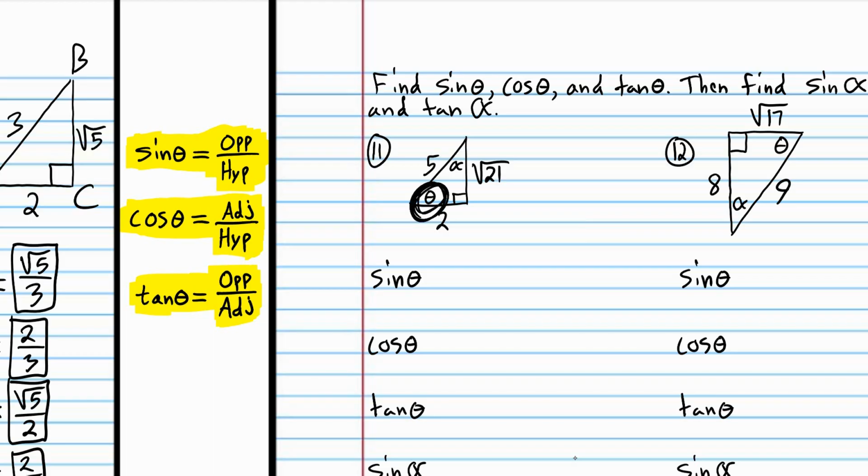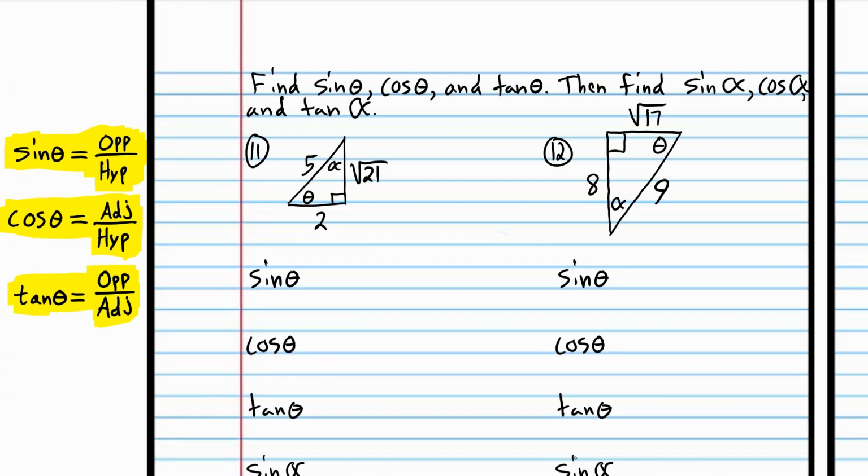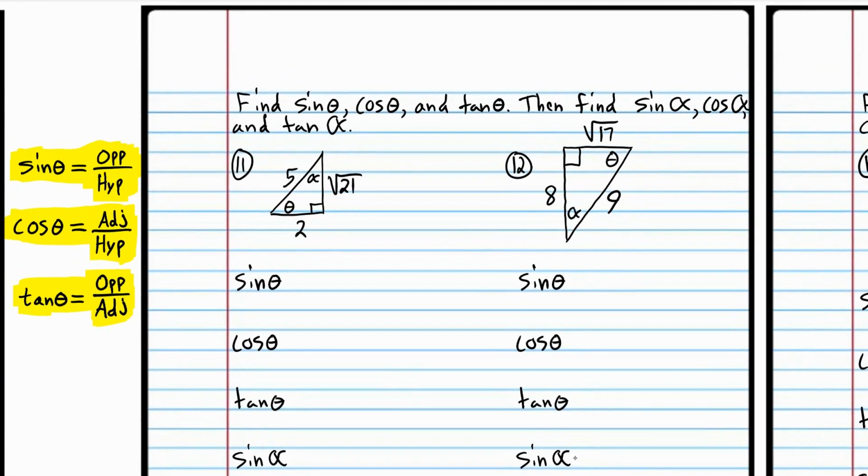So we have theta there, for example, and we have alpha here. We're using Greek letters now. So the problem says to find sine theta, cosine theta, and tangent theta, then find sine alpha, cosine alpha, and tangent alpha. So we're doing the same thing that we did in the previous problems, just with a slightly different notation.